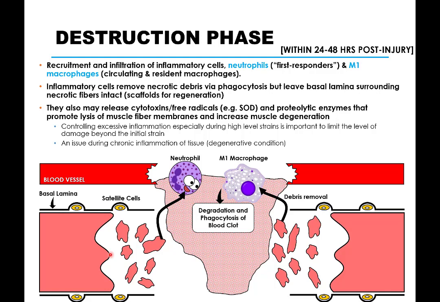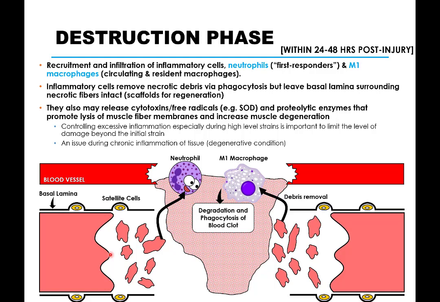So although the acute inflammatory response to injury is necessary and a normal process, excessive inflammation can cause further damage beyond the injury itself, and thus impair the subsequent repair of the muscle. This further damage caused by excessive inflammation is referred to as secondary damage, and is again largely mediated by oxidative stress/free radicals and increased levels of proteolytic enzymes.